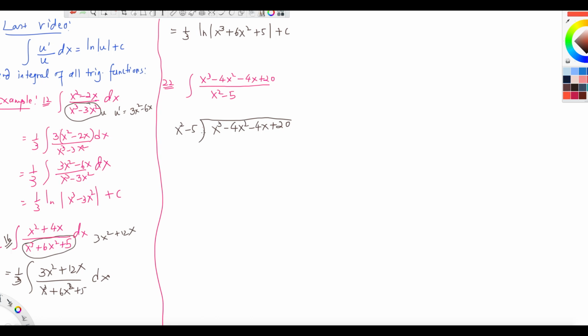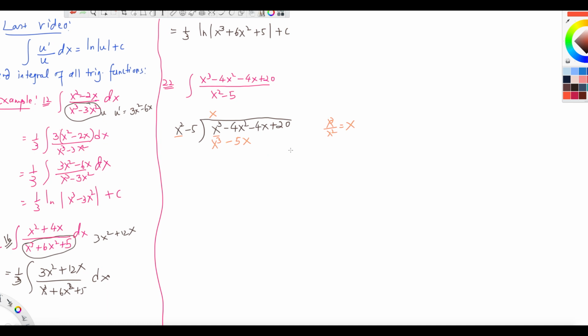Divide the first term by the first term, that is x cubed over x squared. You get x, right? So write down that x here, and then multiply that x with both terms of the divisor. x squared times x is x cubed, and x times negative 5 is negative 5x.